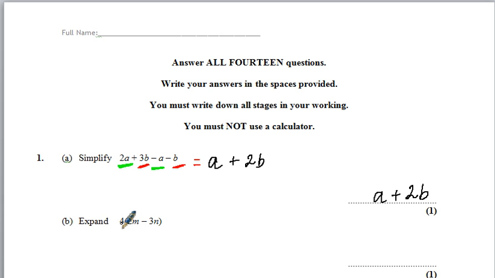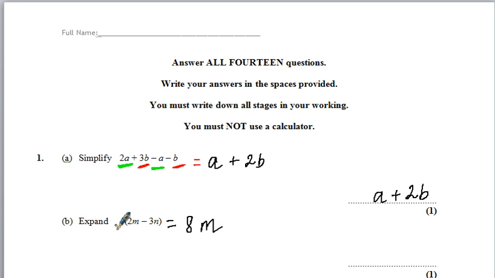In algebra, if we have 4 written next to a letter or a bracket, it means it is multiplied out, right? So we've got 4 times 2m minus 3n, which means we've got 4 sets of 2m and 4 sets of minus 3n. So multiplying out 4 by 2m is 8m.